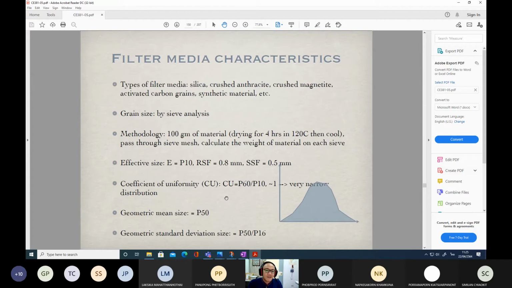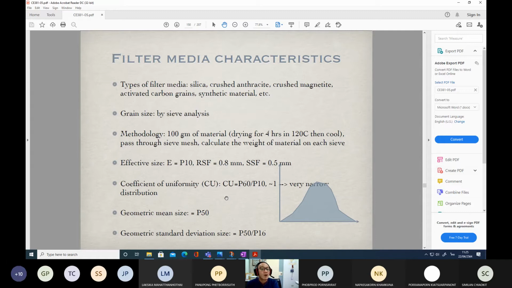When we talk about the filter media characteristic, the key factor, whether we go for rapid sand filters or slow sand filters, depends on the effective size. Effective size is P10.